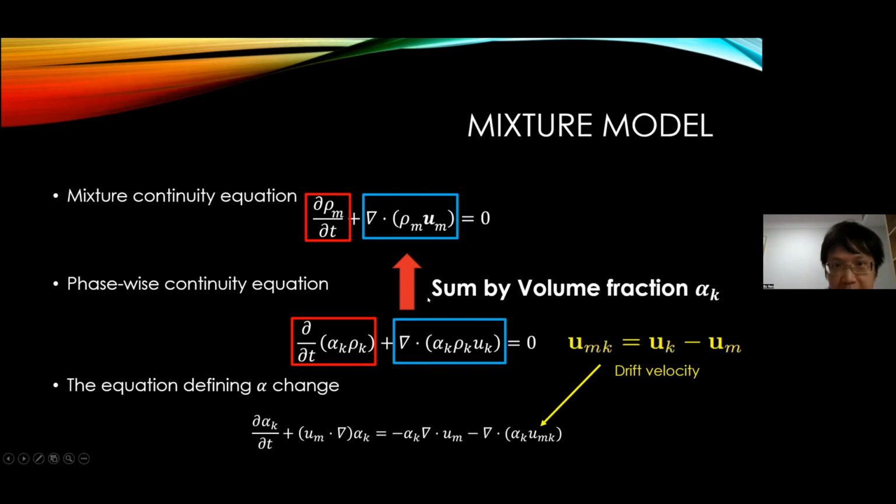This similar summation is not very useful in actual implementation. In the actual implementation, we use this kind of phase-wise equation derived from the phase-wise continuity equation, and the difference is that we use the average velocities here instead of the phase-wise velocities.